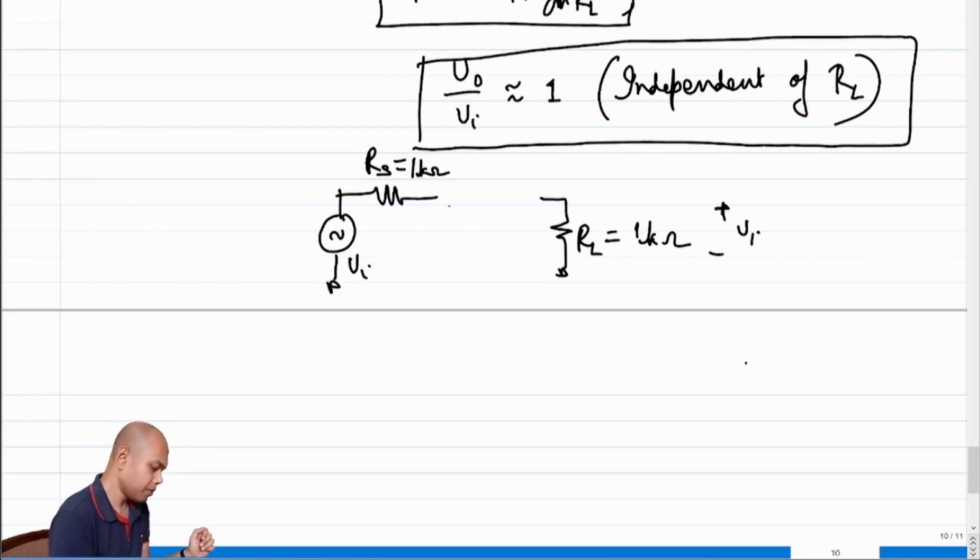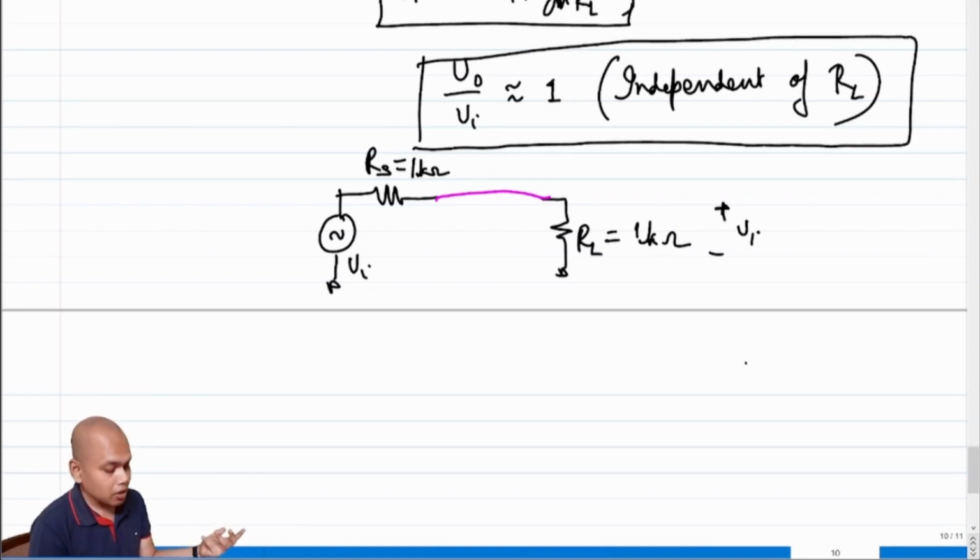Will it develop if I simply connect the input to the output? Clearly it won't, because if I connect this, the RL will load the input contraption. Because it will load, you will have a current drawn from the source, and because of that, this voltage will become Vi over 2.